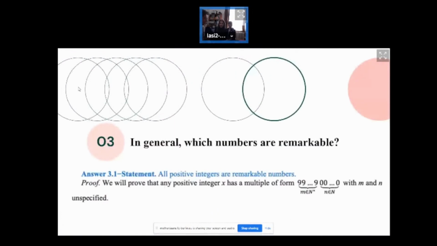In general, which numbers are remarkable? All positive integers are remarkable numbers. Proof: we will prove that any positive integer x has a multiple of the form 999 taken m times, followed by 000 taken n times, with m and n unspecified.